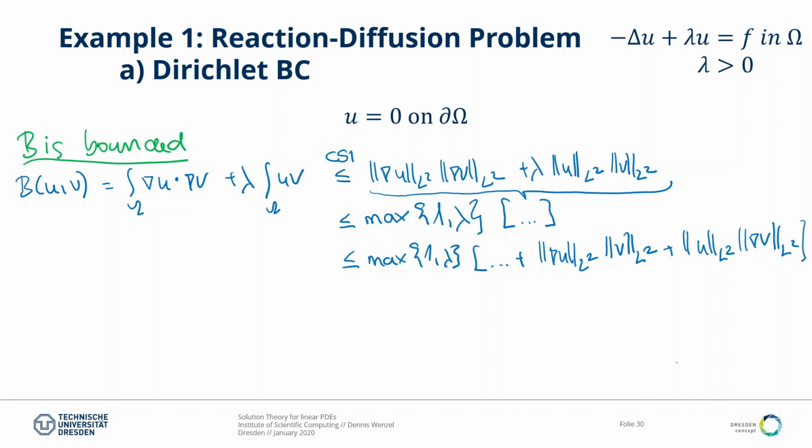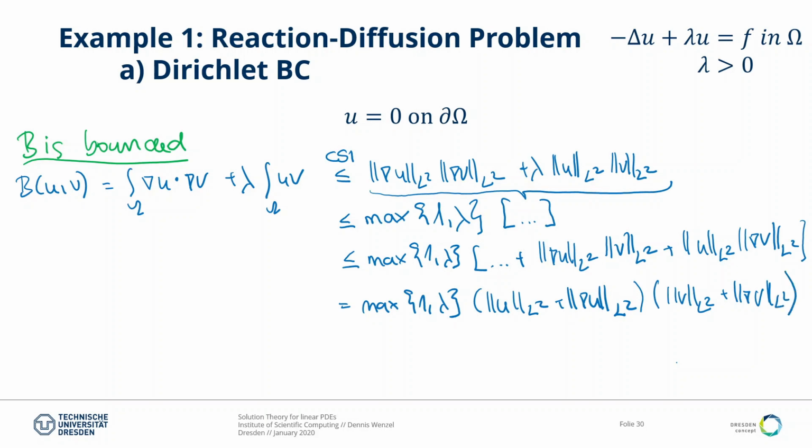And probably you can already guess why I did this, because now we have all the summation parts that we need. Because now this reads maximum of 1 and lambda, just like before. And now this is norm of u in L2 plus norm of the gradient of u in L2 times norm of v in L2 plus norm of the gradient of v in L2.